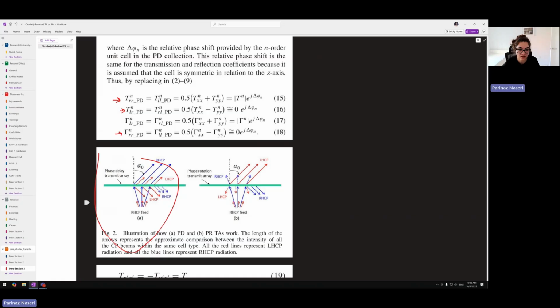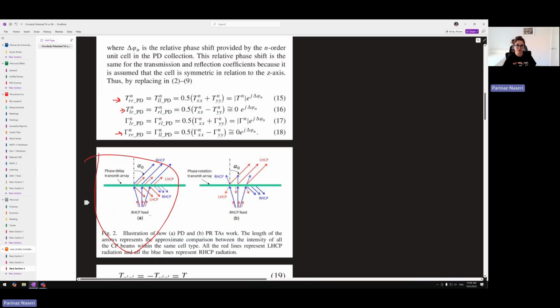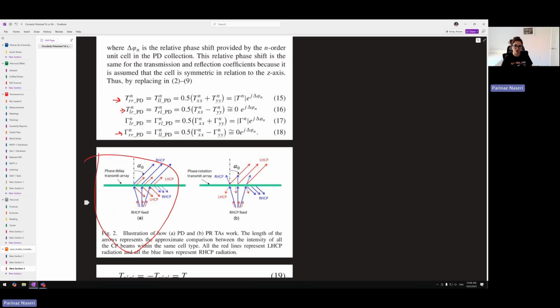Phase delay 1 here. It says if you have an RHCP feed, you are exciting it with mainly an RHCP wave, right? And you have some cross polarization because no feed is ideal. You have some LHCP. And because you have a phase difference across the transmitter plane, your RHCP and LHCP both get directed that way based on your transmission coefficients.